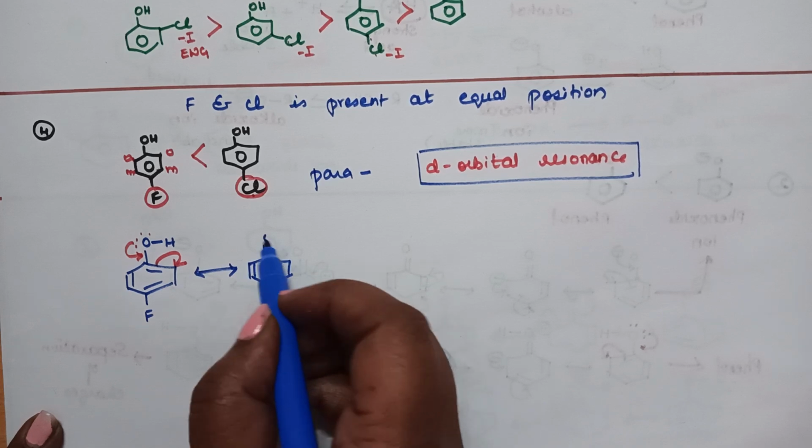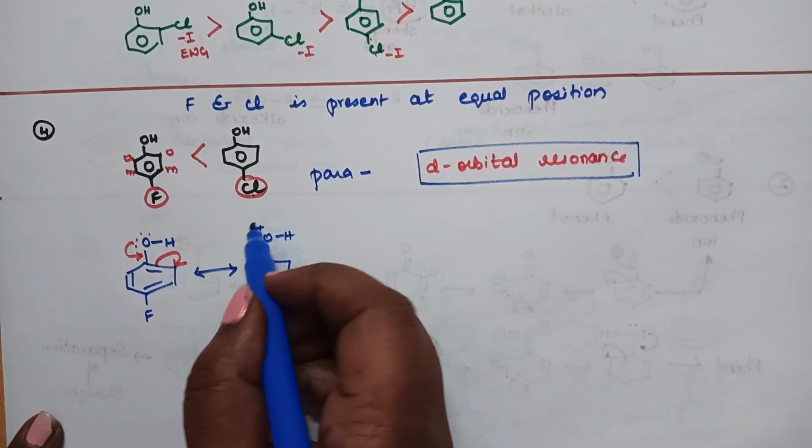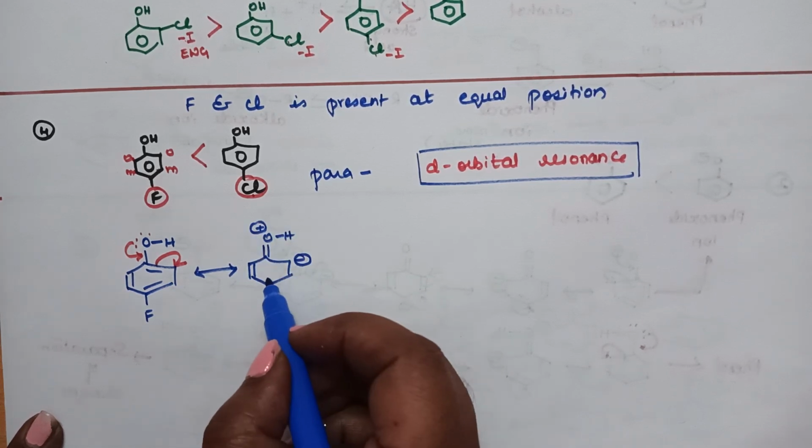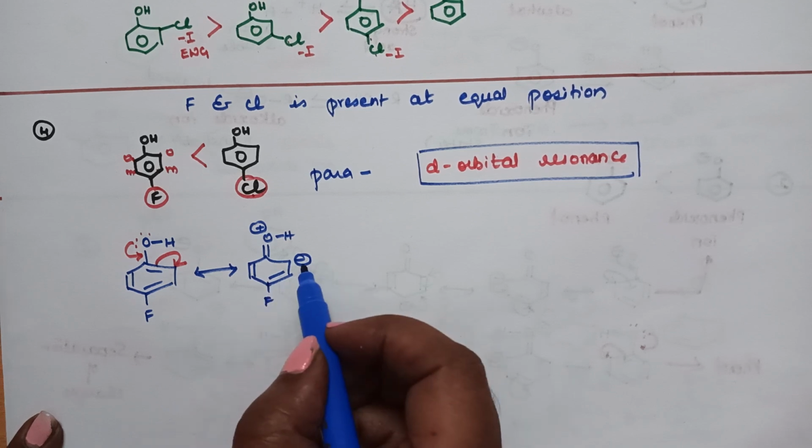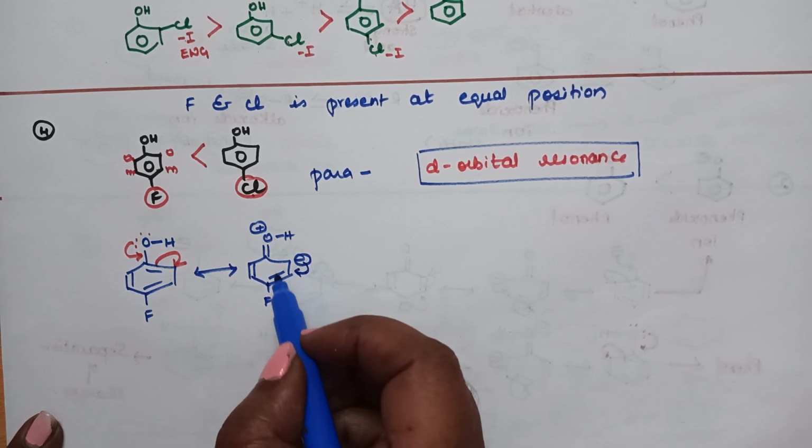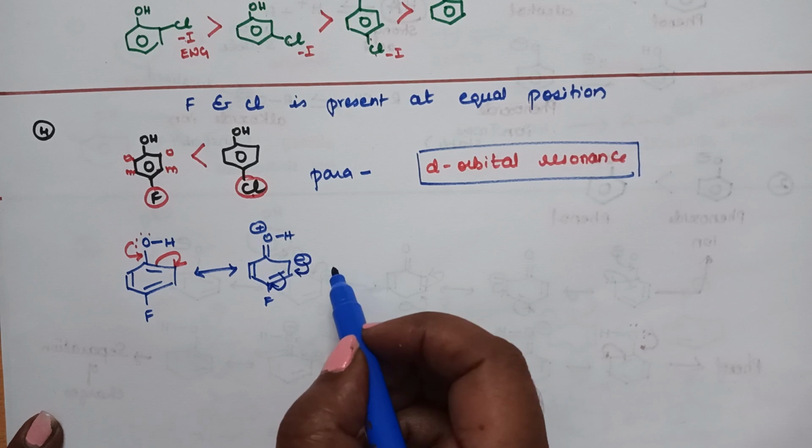So you will be getting a negative sign here, then F. The negative sign will shift and this will move here.